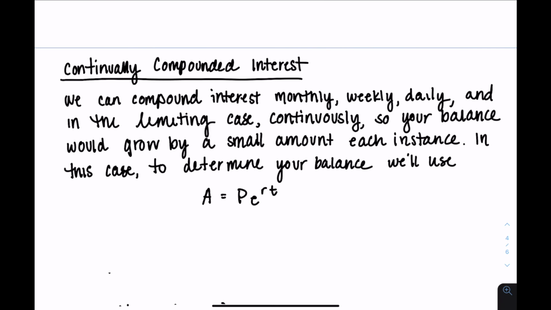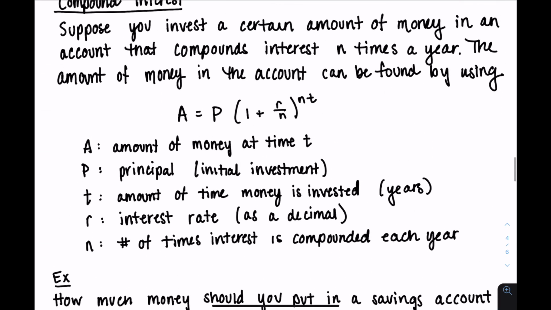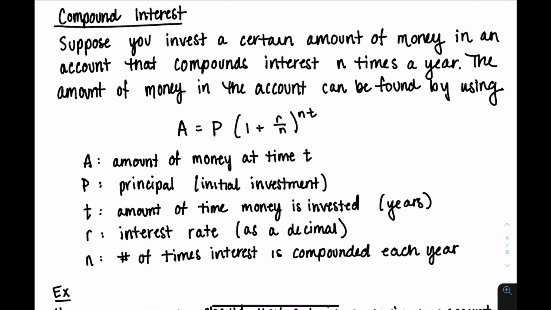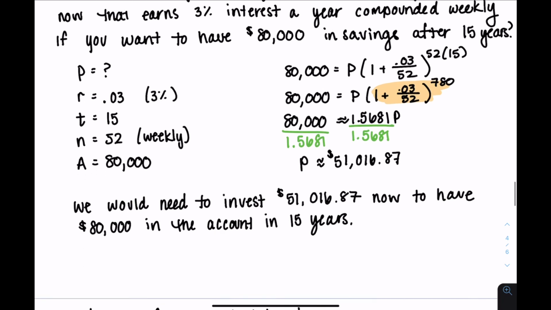So a lot of people remember it as "A-Pert." If you really look back at this limiting value, you've got (1 plus 1 over n) to the n. Remember, as n goes to infinity, this goes to e. So that's where that compounded interest turns into the continually compounded interest.